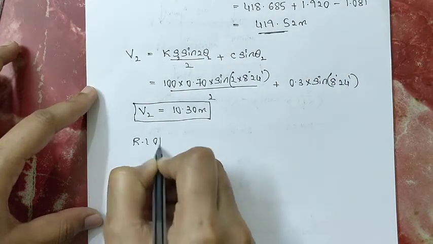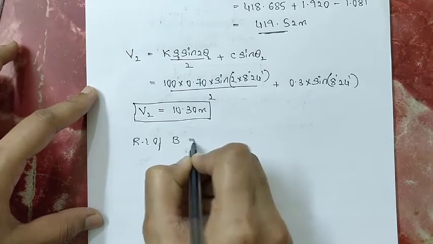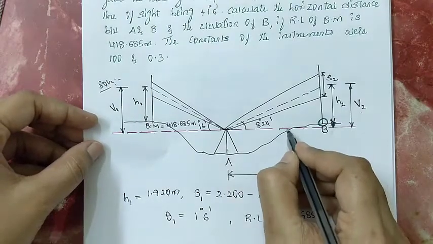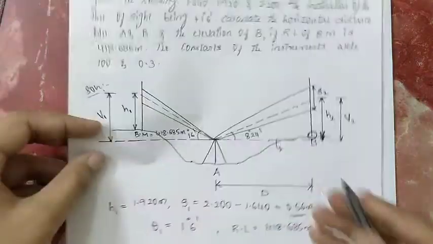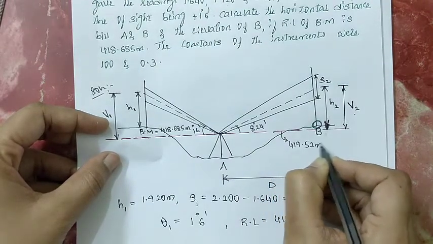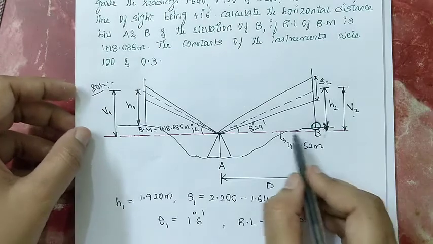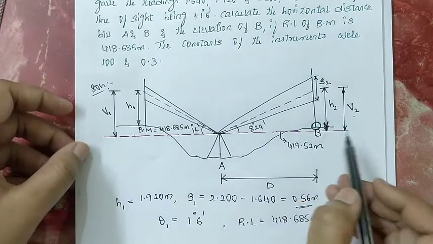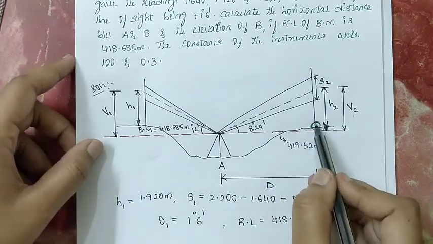RL of B will be equal to, observe in this figure, the RL of instrumental axis you calculated, that is 419.52 meter, the RL of the instrumental axis or the line of sight. Then how do you calculate the RL of B?